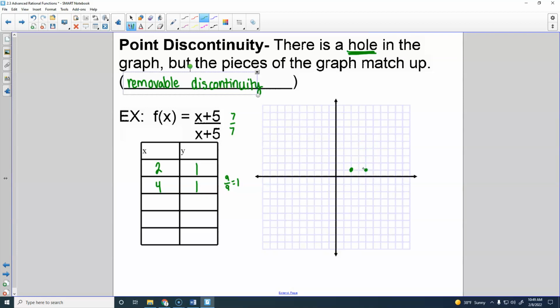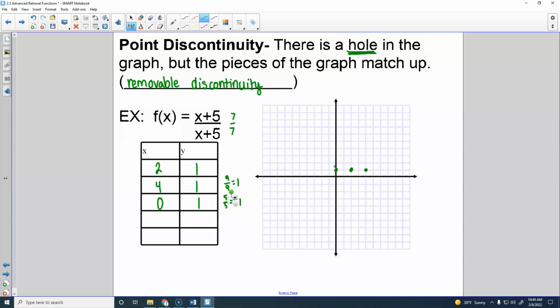I could plug in 0. 0 plus 5 over 0 plus 5 would be 5 over 5, which would just give me 1. All right, so this is getting a little bit boring. It seems like it's always going to be 1, except what number is not going to give us 1? Negative 5.